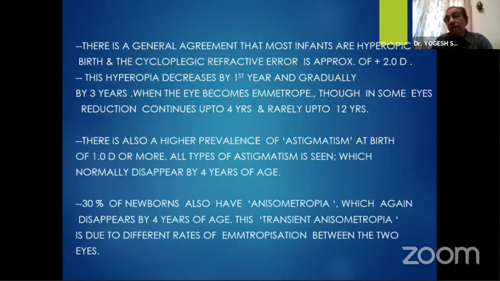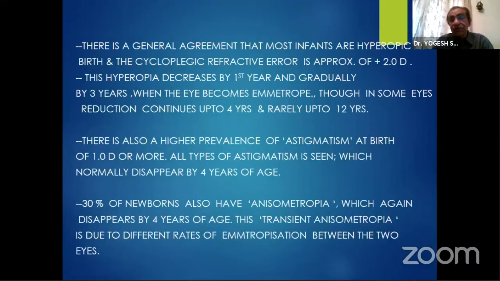Suppose in one eye there is a hypermetropia of +2, for example, and the other eye does not have any hypermetropia. It could be emmetropia from birth also. It's not something unusual. So when the eye emmetropizes by 1 year, 3 years, and 4 years, the rate of emmetropization between the 2 eyes would be different.